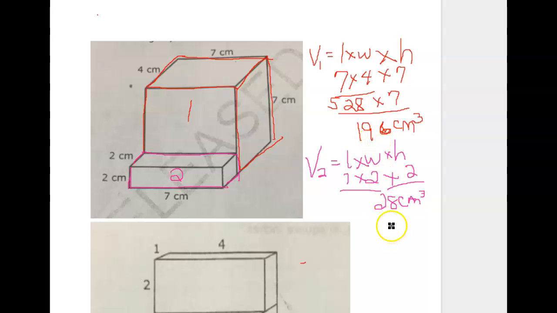So 196 plus 28. 8 plus 6 is 14. Carry 1. 1 plus 9 is 10 plus 2 is 12. Carry 1 and 1 plus 1 is 2. So therefore, the volume of this rectangular prism here is 224 cubic centimeters.